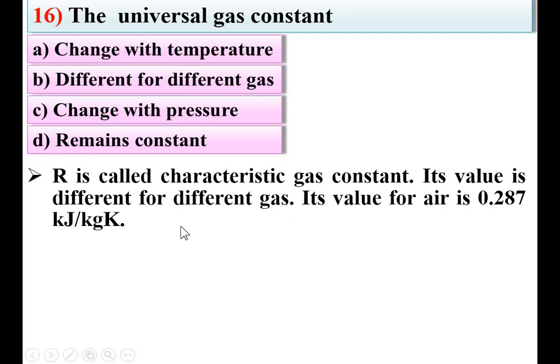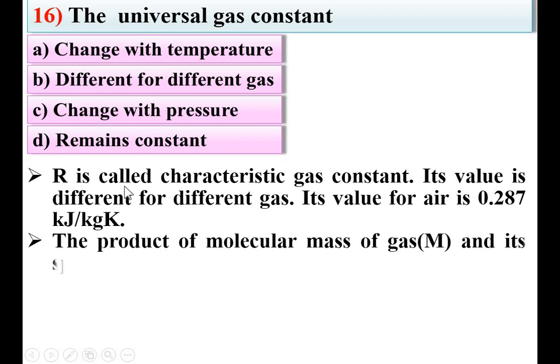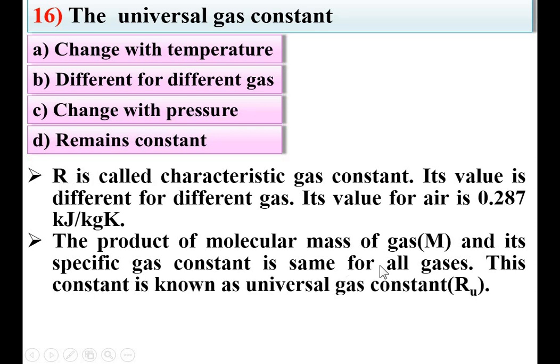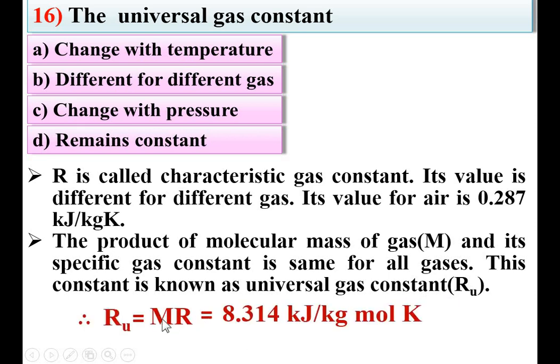Its value for the air is 0.287 kJ per kg Kelvin, whereas the product of molecular mass of gas M and the specific gas constant R is always same for all gases, and this constant is known as universal gas constant. Ru is equal to MR is equal to 8.314 kJ per kg mole Kelvin. So here you can say universal gas constant is same for all gases. That means it remains constant. So D is the right answer.